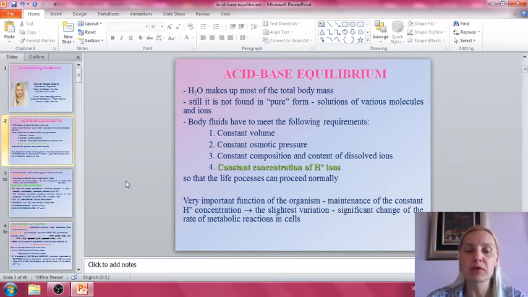This is the very important function of the organism, the maintenance of the constant concentration of hydrogen ions. Because the slightest variation in these concentrations or the slightest variation in pH of body fluids may cause the significant change of the rate of metabolic reactions in cells catalyzed by different enzymes.